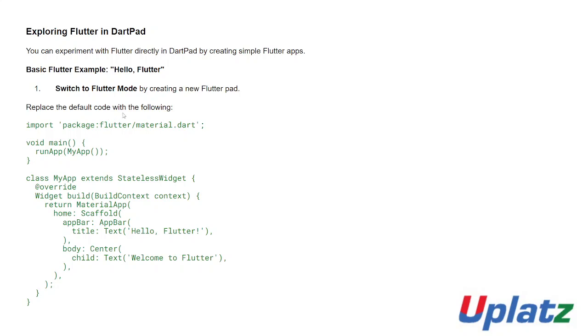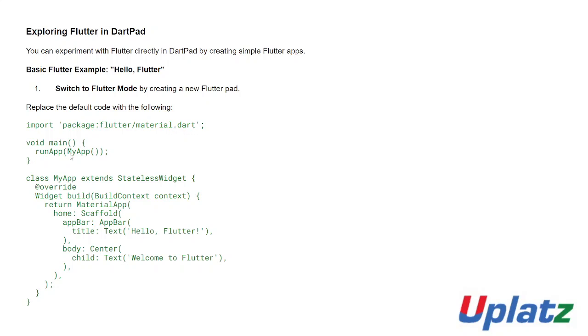Replace the default code with the following: import, within quotes, package:flutter/material.dart. We shall discuss this. Please don't worry, we shall discuss everything in detail, including what import is.